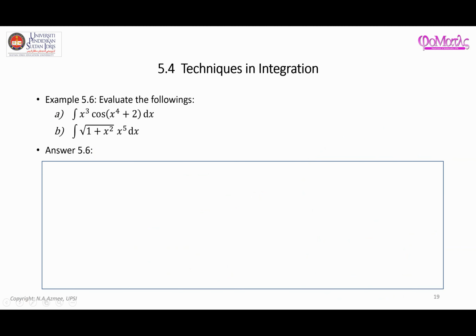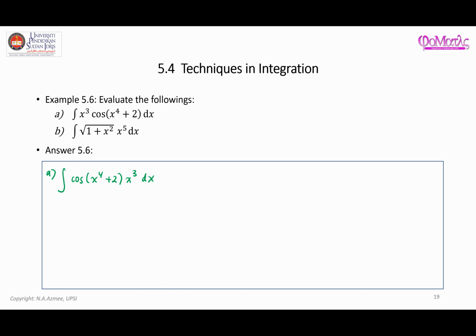Let us try and evaluate the following integral. Let's look at the first question. We have the integral of cos of x to the power of 4 plus 2, times x to the power of 3 dx.